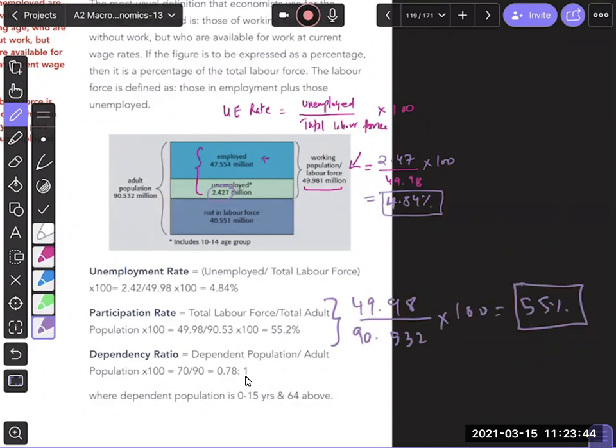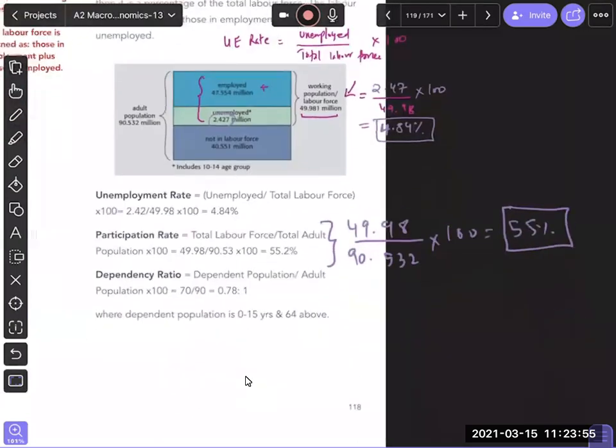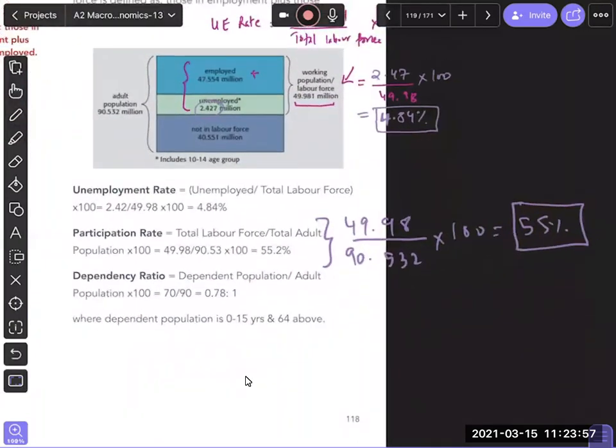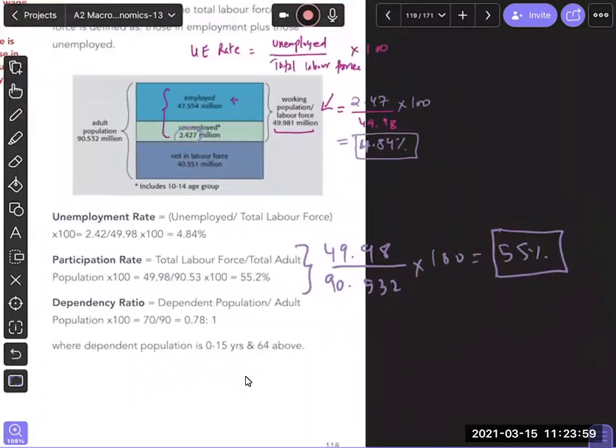One would argue this is pretty low, given that women's participation in the labor market is low. This number should have been like 70% or 75%.